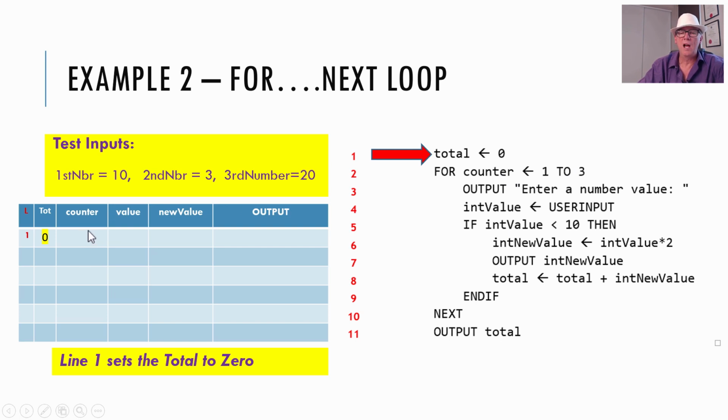That's another variable. We're going to get some user input off them and store it in int value. So that integer value that they've entered in, value is another variable, and we're going to calculate a new value by timesing what they entered by 2 here with the star 2. Star means multiply.